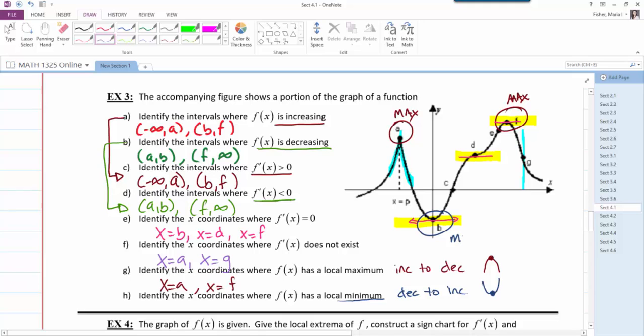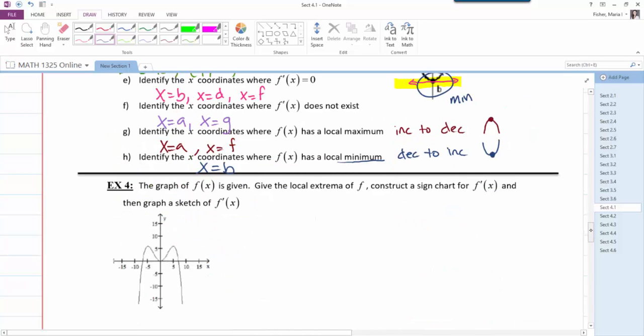So I have a minimum value here at B. Here at D, notice I go from increasing to increasing some more, so that wouldn't work. Again, C, increasing to increasing some more. E, increasing to increasing some more. And at G, I go from decreasing to decreasing some more. So the only place I have a local min in this case is x equal B.